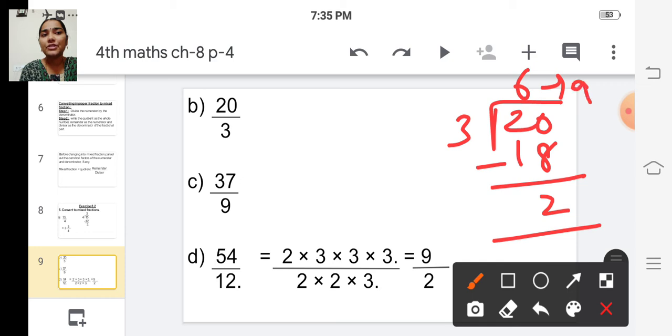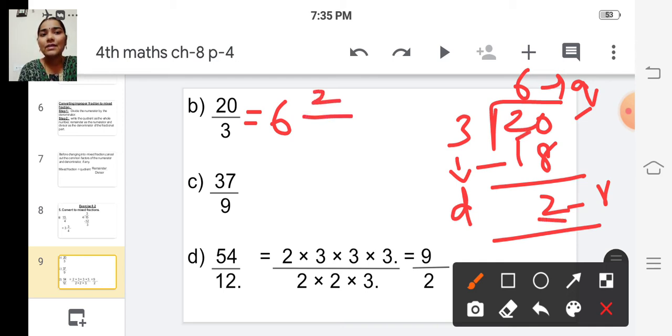So this is quotient, this is remainder and this is divisor. Quotient as whole number, so 6, remainder as numerator, so 2, and divisor as denominator, so write 3 here. So 6 2 by 3.